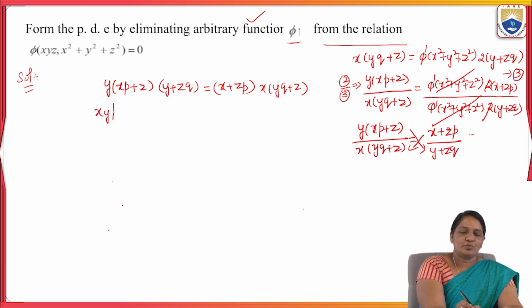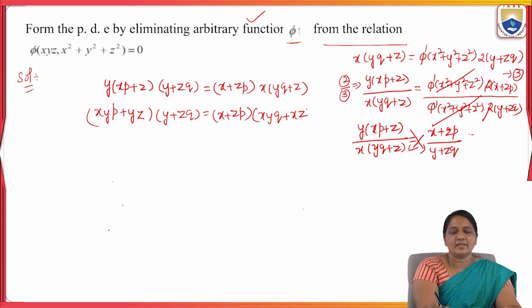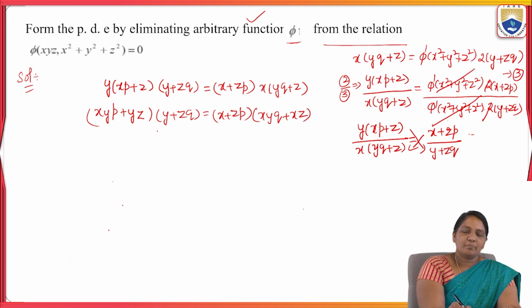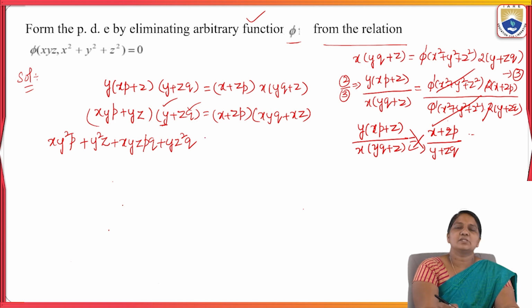So xy into p plus yz into y plus zq, is equal to x plus zp into xyq plus xz. Now multiply with y: xy square p plus y square z. And now multiply with zq: plus xyz pq plus yz square q. So this simplification is completed.